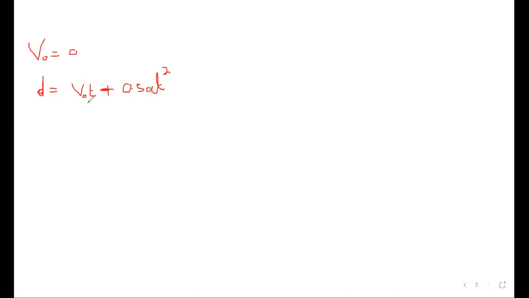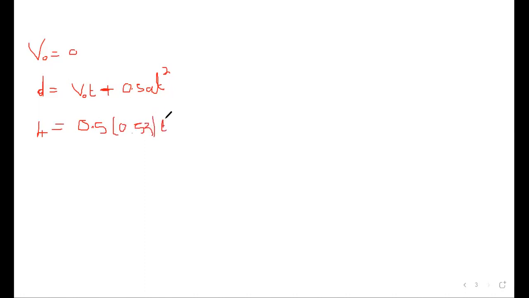Using this, we can find the time, since we need this distance and we do not have the time. Since the distance the box moves is actually 4 meters, and the initial velocity is 0, this term will be 0, remaining with just 0.5 times the acceleration. We found the acceleration to be 0.53. What is the time?